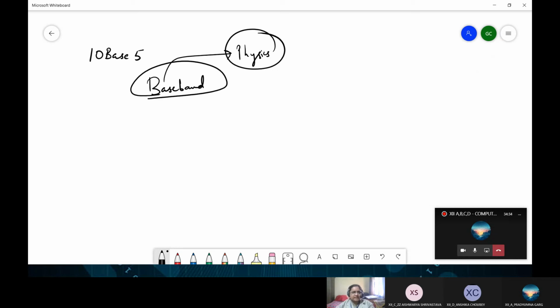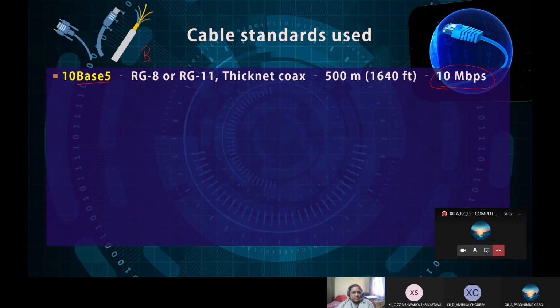So basically it carries waves, electromagnetic radiation, within or near to zero frequencies. Okay, so now this is what we have.